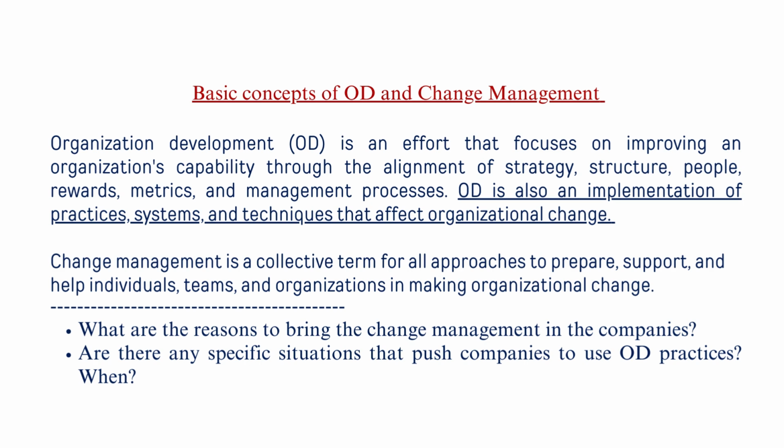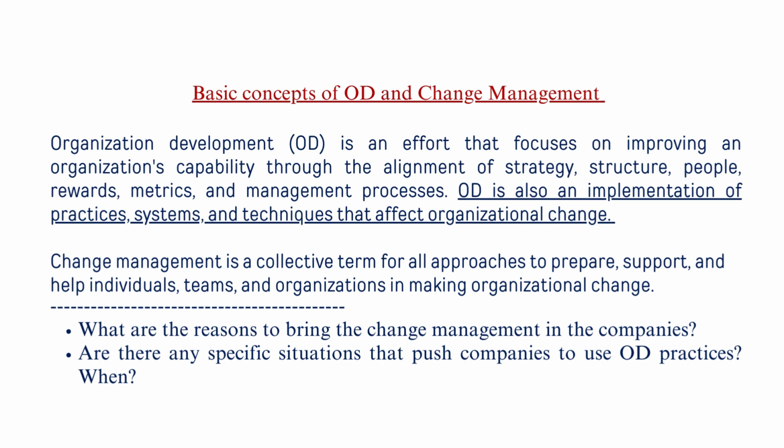When you know what's happening outside, you want to bring it into your company. And if things are not working in your company, then you try to make a strategy. And when you make a strategy, you do have some change management aspects in your company. For that reason, we're talking about organizational development as that kind of effort that must be focused on organization's capability, but that's only possible through the alignment of the strategy which you have thought about.